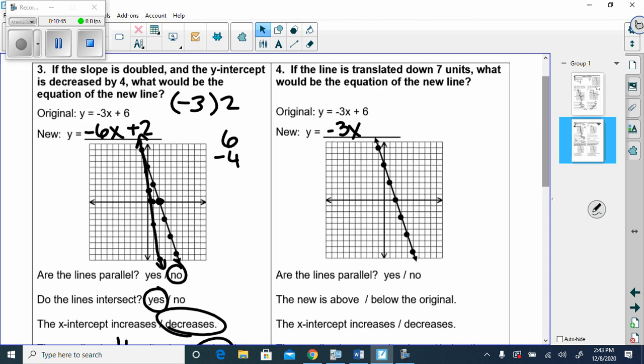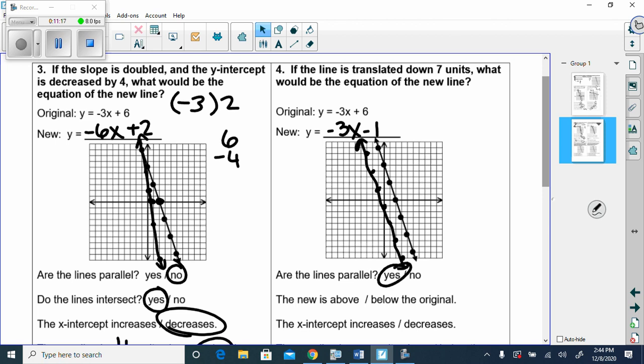If I move 7 places down from 6, where am I? -1. Good. So I start at -1, going up 3 and over 1 in that negative direction. Okay, so then it asks, are these lines parallel?